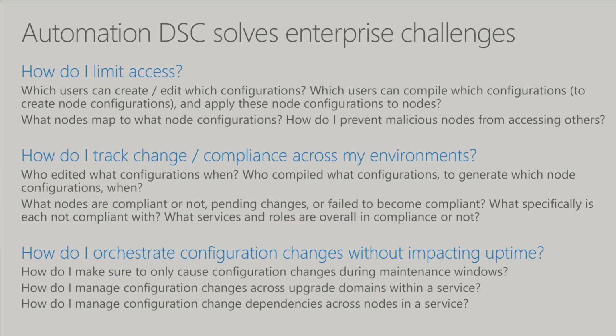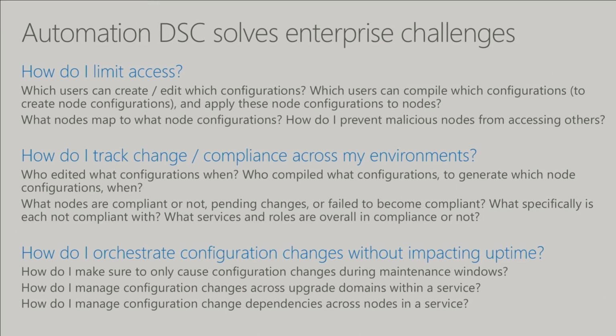So why do we have DSC as part of the automation, right? We need to make sure that only users who have access to your environment have access. You are able to control who does what to your environment. You can ensure that all the changes to your environment happen with your approval. You can make sure that nothing that you didn't plan for happens.